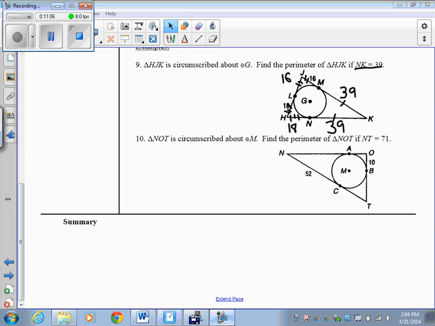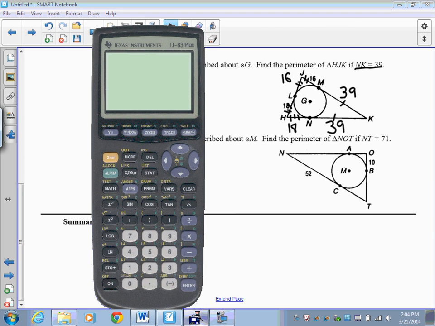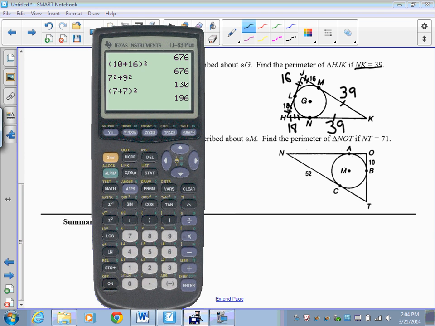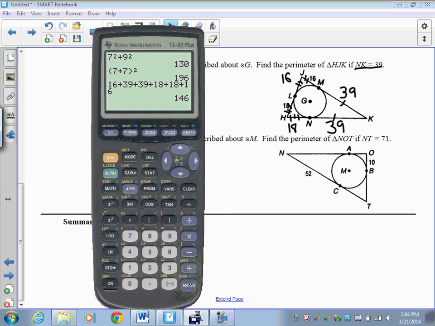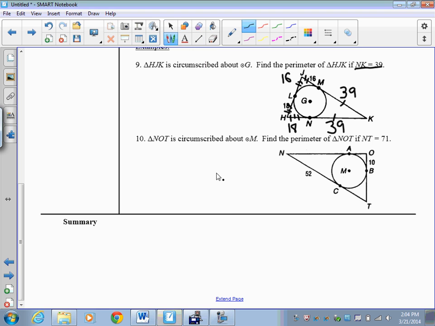So the perimeter is just the length of the outside all added up together. So what we're going to have is 16 plus 39 plus 39 plus 18 plus 18 plus 16. And we get 146.